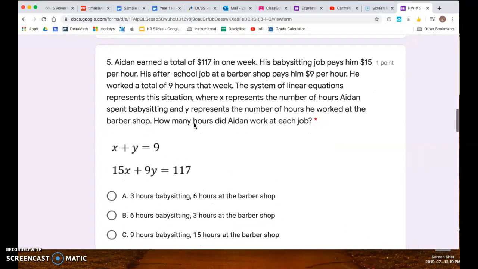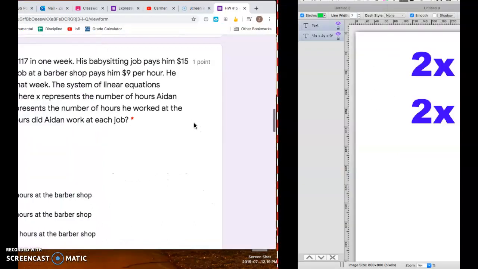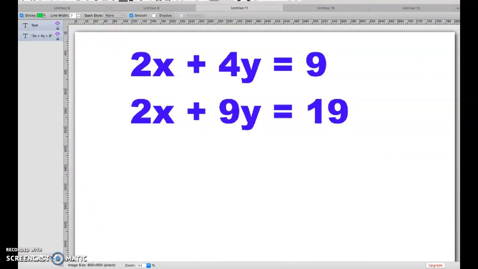Problem 5. This is a system of equations problem, so I'm going to give you an example of solving systems of equations. It's nice how this example is set up because we can try to get either the x's to cancel each other out or the y's to cancel each other out.